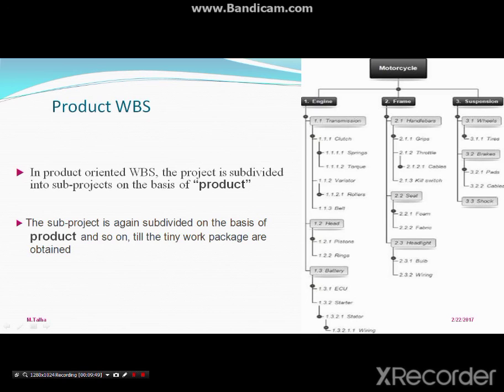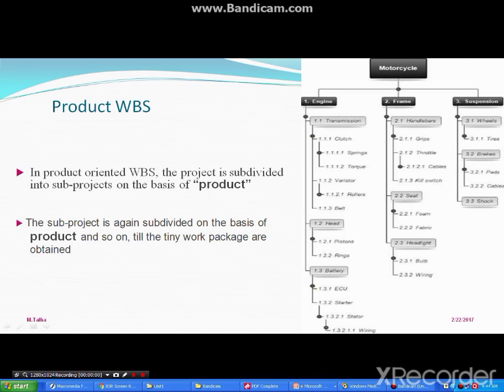So let's say construction of a motorcycle, in which I will divide it into engine, frame, and suspension. So for construction of a motorcycle, I divide this work into three parts according to work breakdown structure.